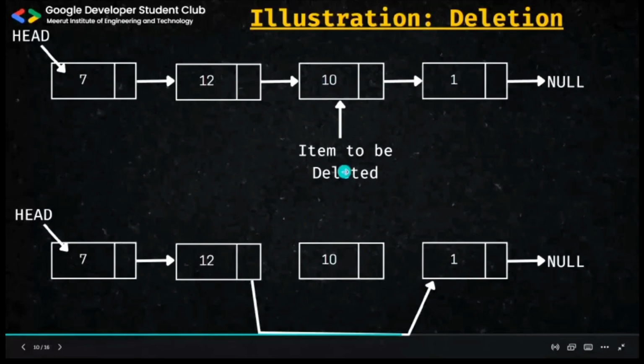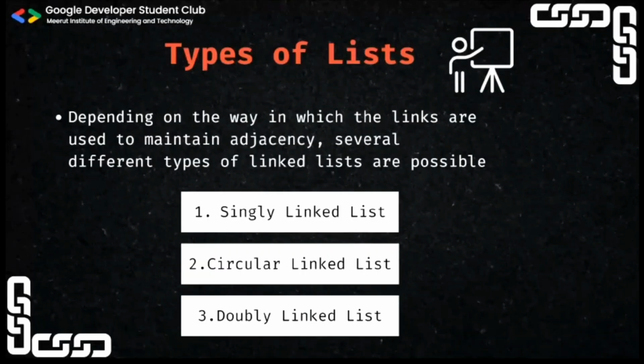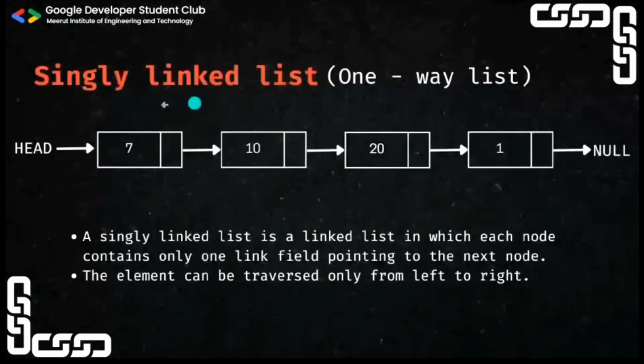So the next thing is the type of linked list we have. These we can divide based on the links the nodes have with each other. The first one is the singly linked list. A singly linked list consists of one link field, right? It is only pointing towards the next node. Each node will only be pointing towards the next node.